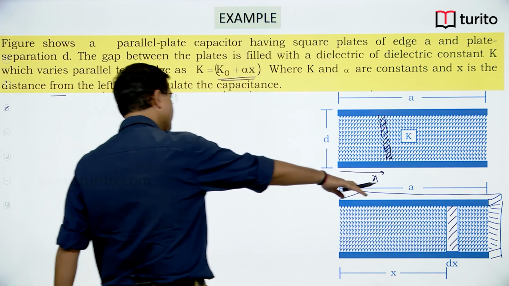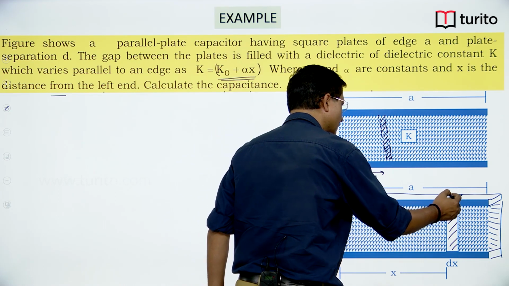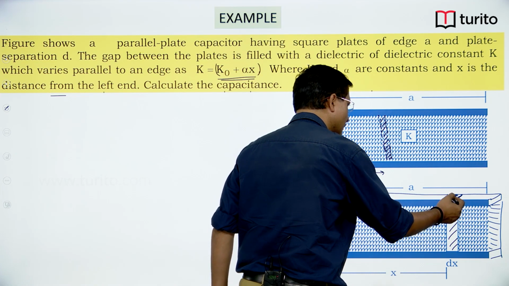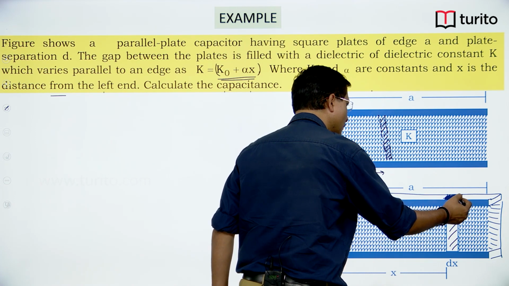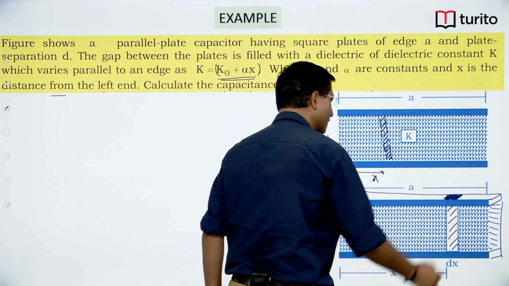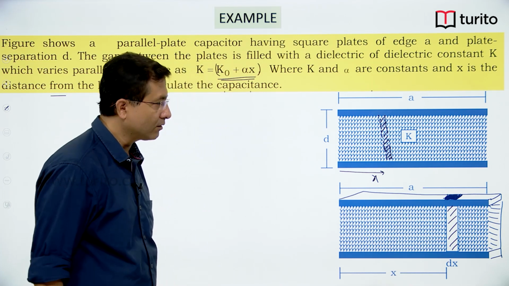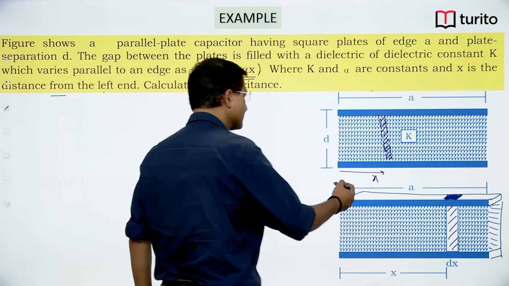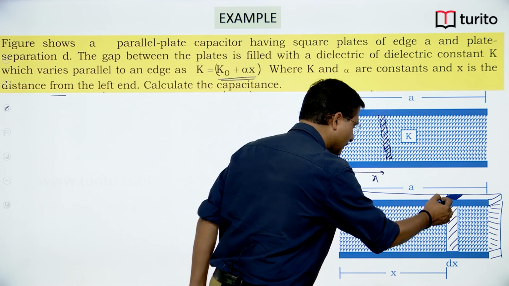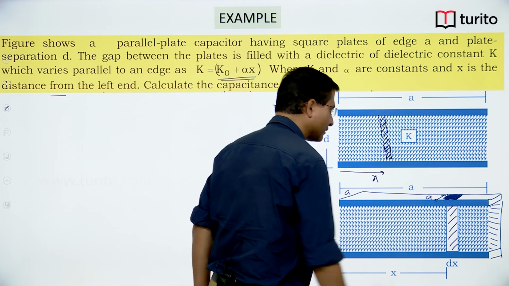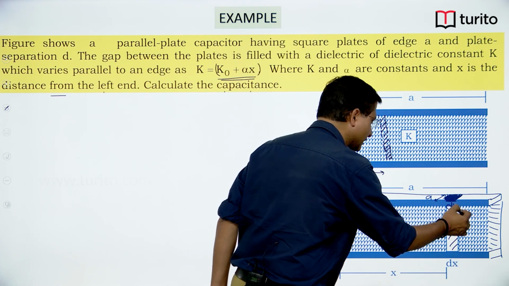Visualize this plate, and here I can see a very small part over the plate. If the area of the plate is capital A, or say there is a square plate, this distance is A and this distance is also A. This distance I am drawing here is small a, and this thickness is dx.